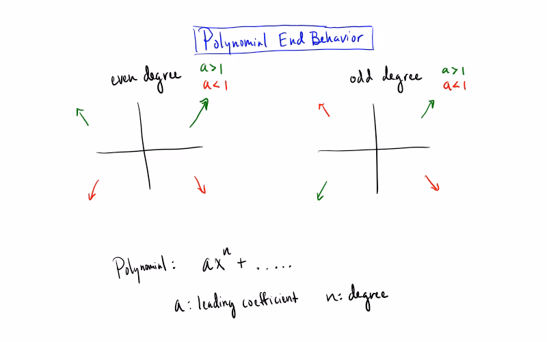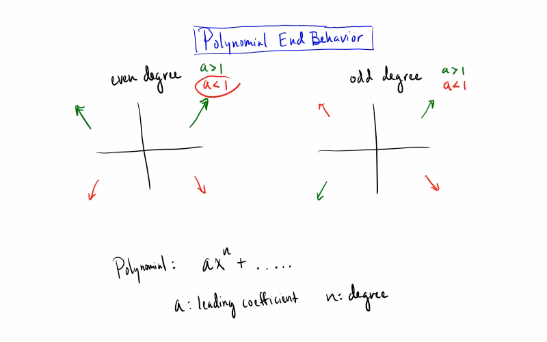It's going to go up on the left and up on the right if your leading coefficient is positive, as you approach negative infinity or infinity respectively. So it'll approach positive infinity on either side.